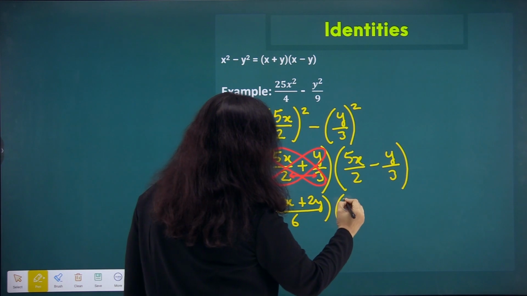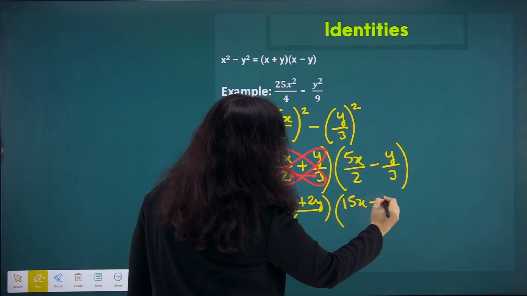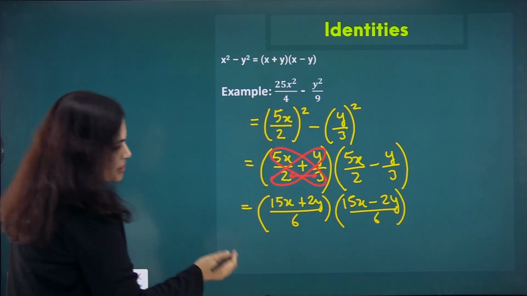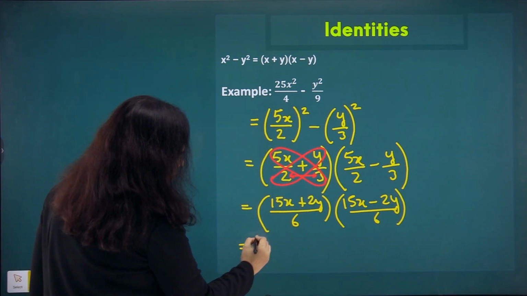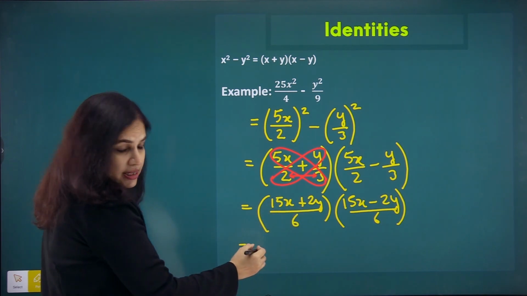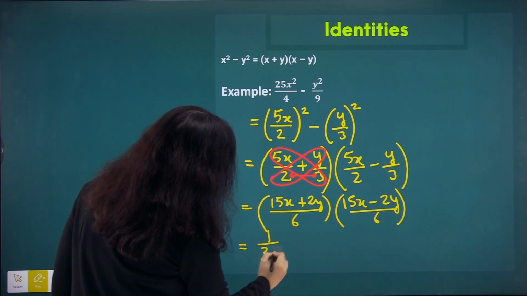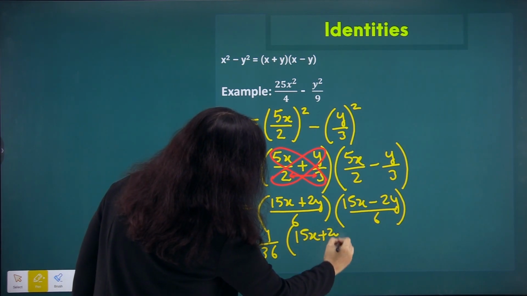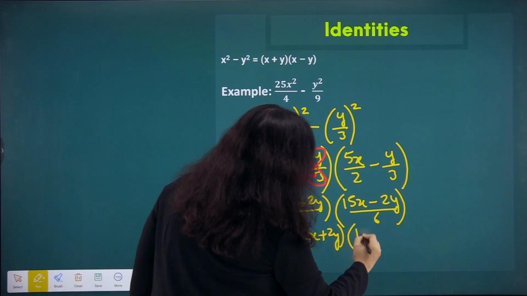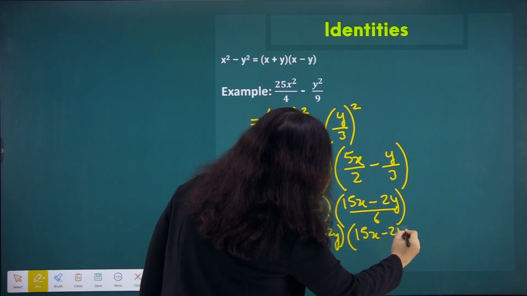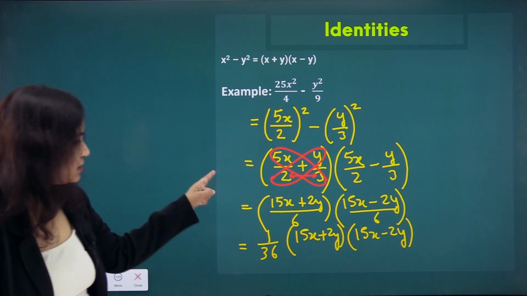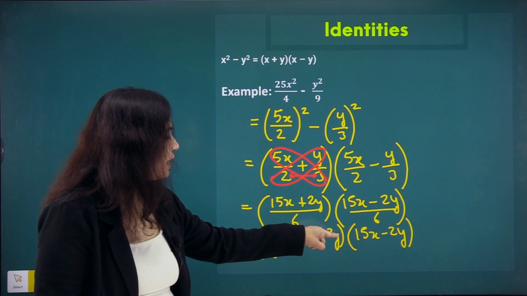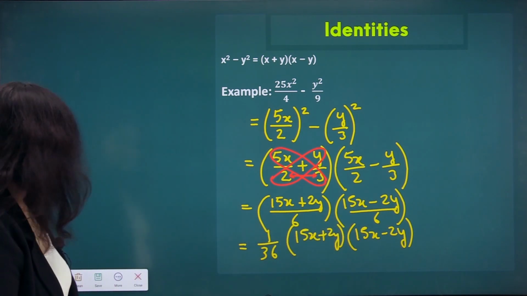Similarly, this would be (15x − 2y) upon 6. Since the denominator is 6, it can be taken out. 1/6 into 1/6 will give you 1/36 into (15x + 2y) multiplied with (15x − 2y). So the factors are one being a constant, (15x + 2y) and (15x − 2y).